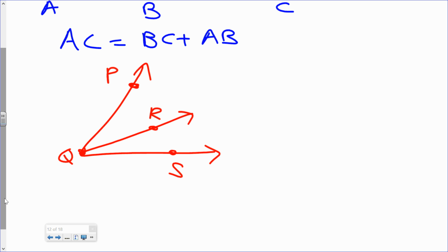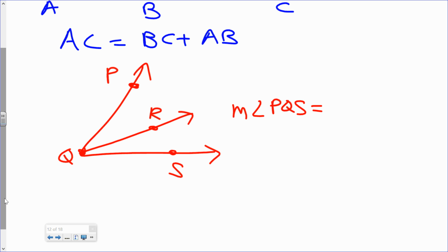One more time, say it again. Wait, name me the big angle first. Thank you. So watch this now. The measure of angle PQS, that means the degrees, is equal to the two small ones. Thank you.